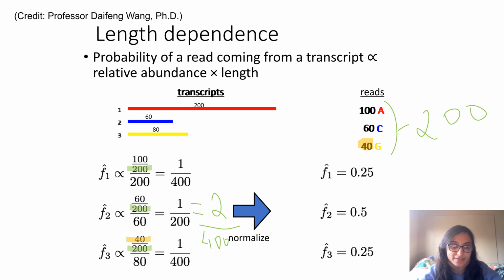So this is twice the abundance, twice that value. So in the end, when we normalize them to sum up to 1, we're going to get this to be 25%, this to be 25% for transcript 3, and this to be 50%. So it's a little likelier that we're going to observe transcript 2.